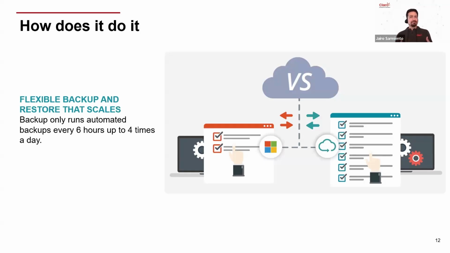Instead of just running backups every 12 hours, like they do, we can go up to 4 different backups per day, one every 6 hours. And that's going to enhance the possibility of finding that item or that exact version of the file that was deleted, or encrypted, or lost by mistake.